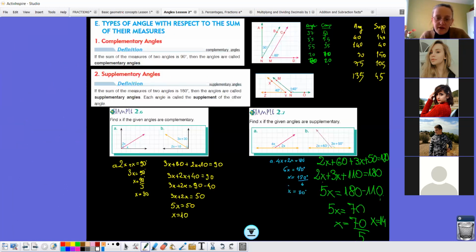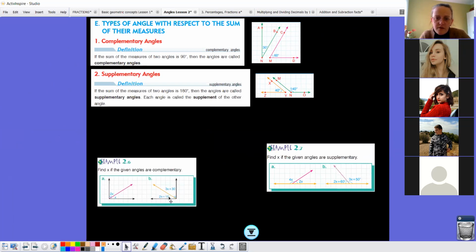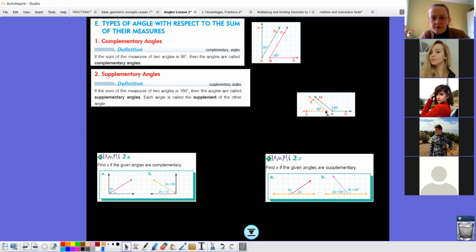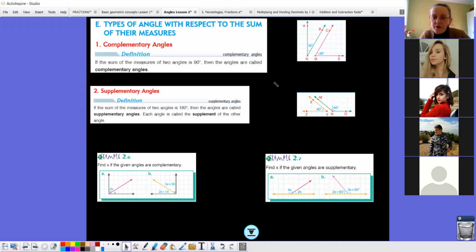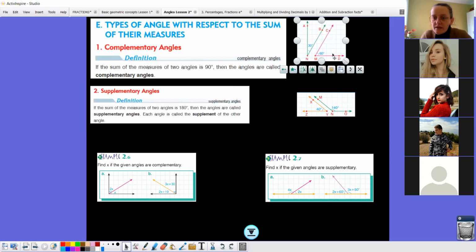Now here we have types of angles with respect to the sum of their measurements. Can you see it? It's a bit small. If the sum of two angles is 90 degrees, we call them complementary angles.